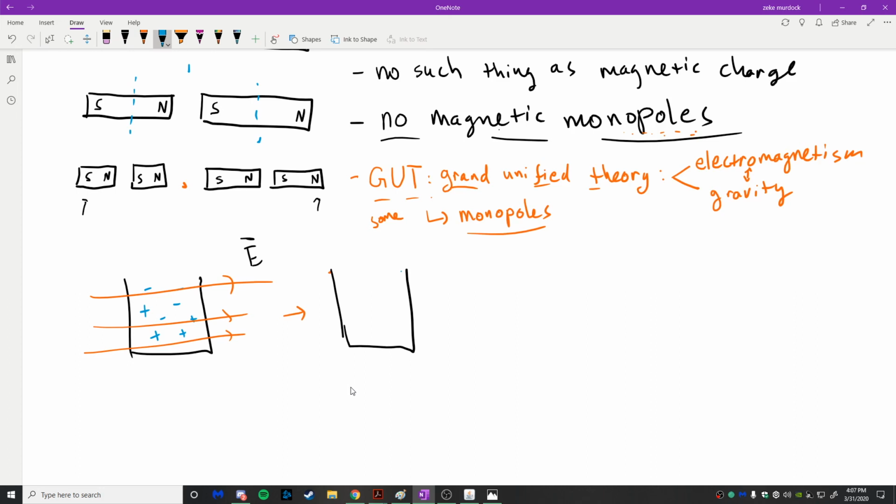It should cause most of the positive charges to pile up on this side, and most of the negative charges to pile up on this side. Is that kind of what you had in mind?